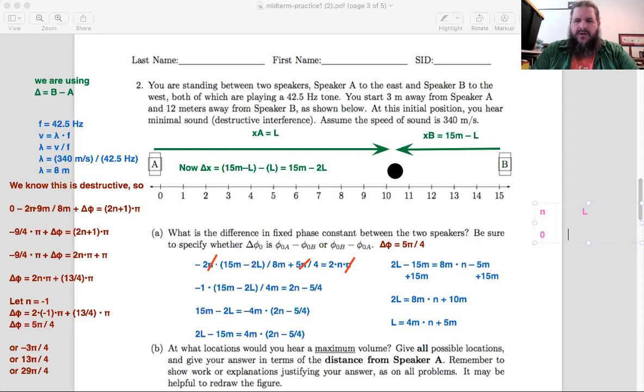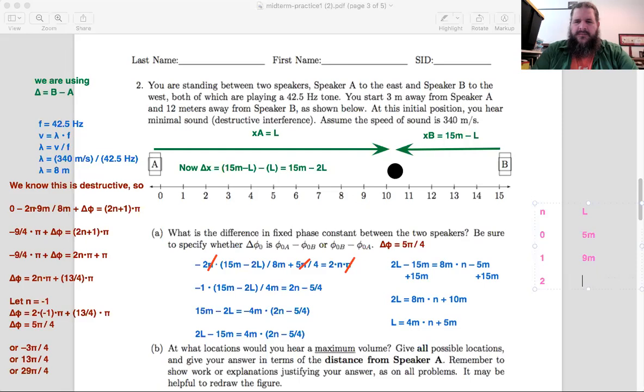Like if we plug in 0 for N, what do we get for L? 5. Yeah, 5 meters. And that is a permissible location. 5 meters is one of the locations between the speakers. So let's keep going. You plug in, let's say 1, and what would you get for L? 9. Yeah. And 9 meters is also allowed. Let's keep going.